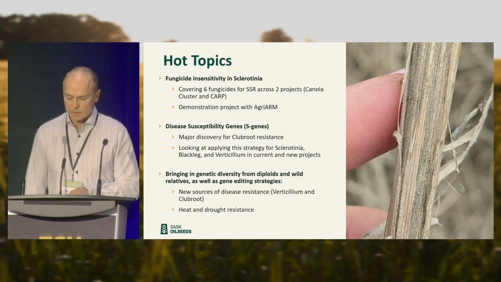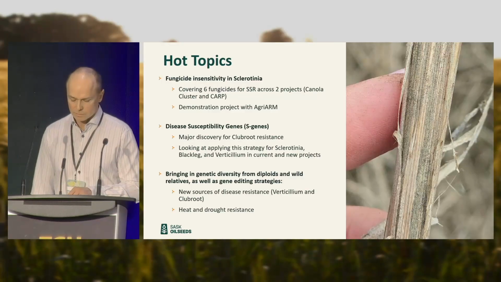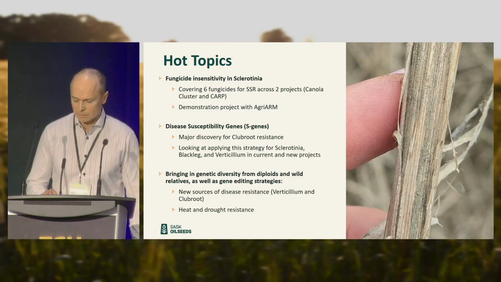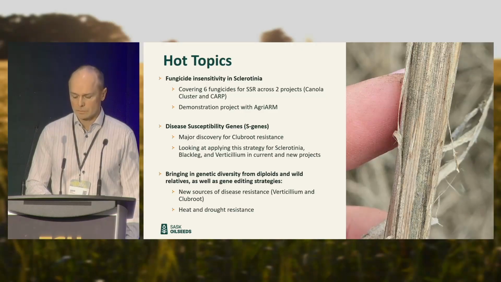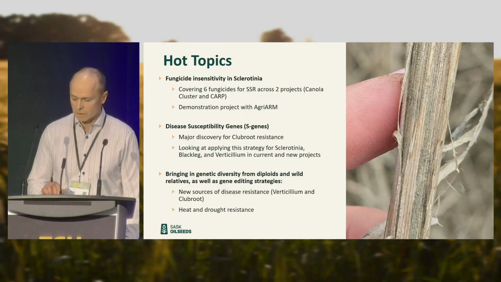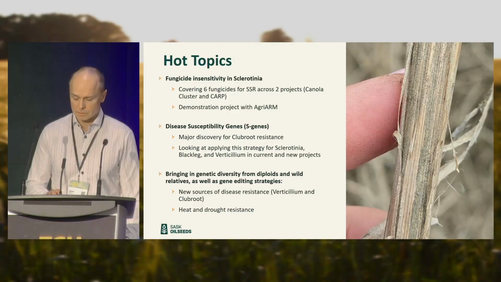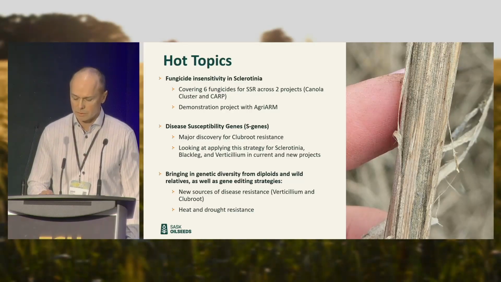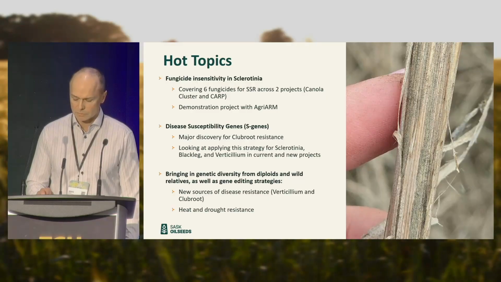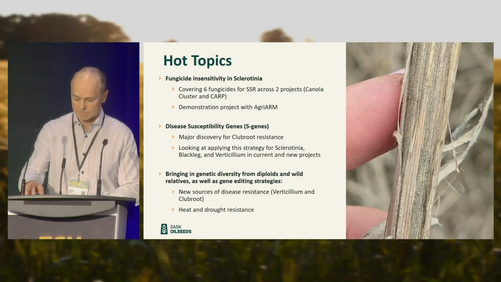By knocking out these S genes by gene editing or screening mutant populations, we can discover lines that are resistant to the major diseases. We saw great success with that with Wei Xiao's project with clubroot S genes. And now we're looking at strategies in current projects and possibly new proposals for clubroot, verticillium, and blackleg.